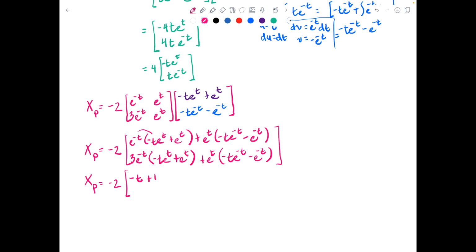And then for the second portion, again, the e's will go away, and then we'll have another minus t, and this time we'll have a minus 1. Going to the second one, we'll have negative 3t plus 3, and then minus t minus 1.